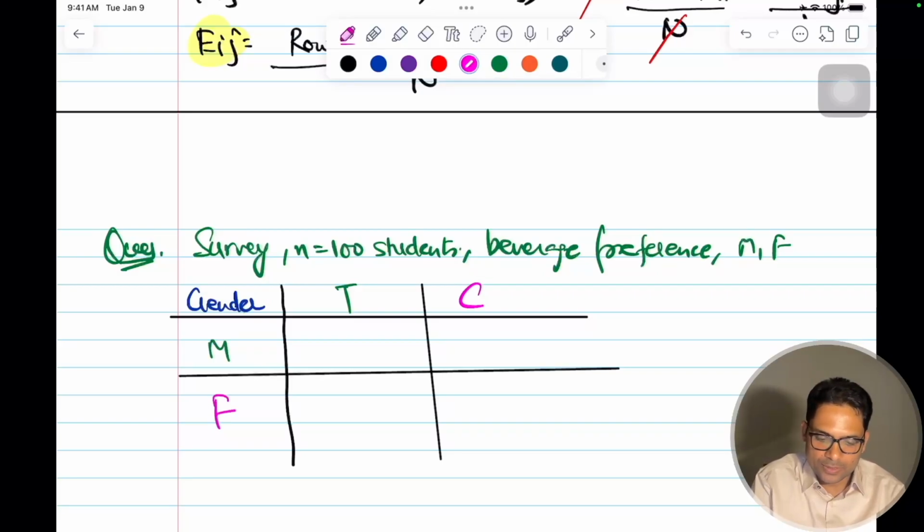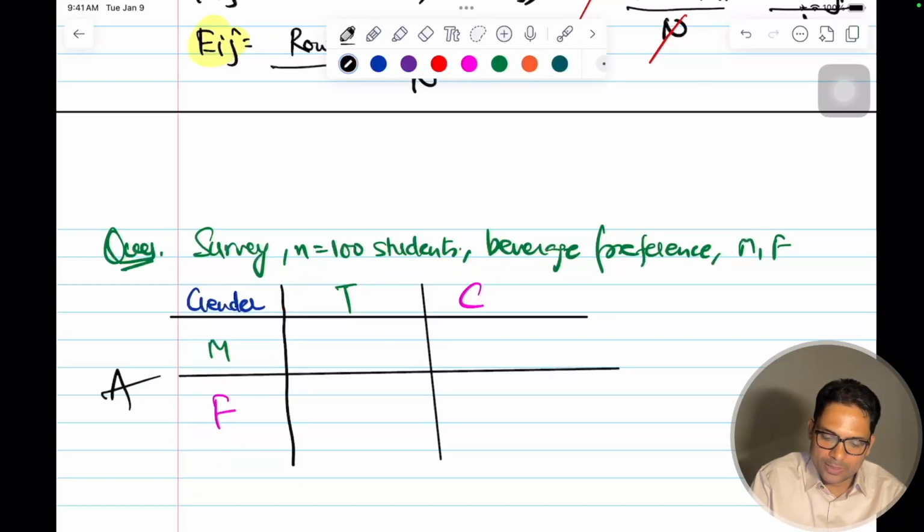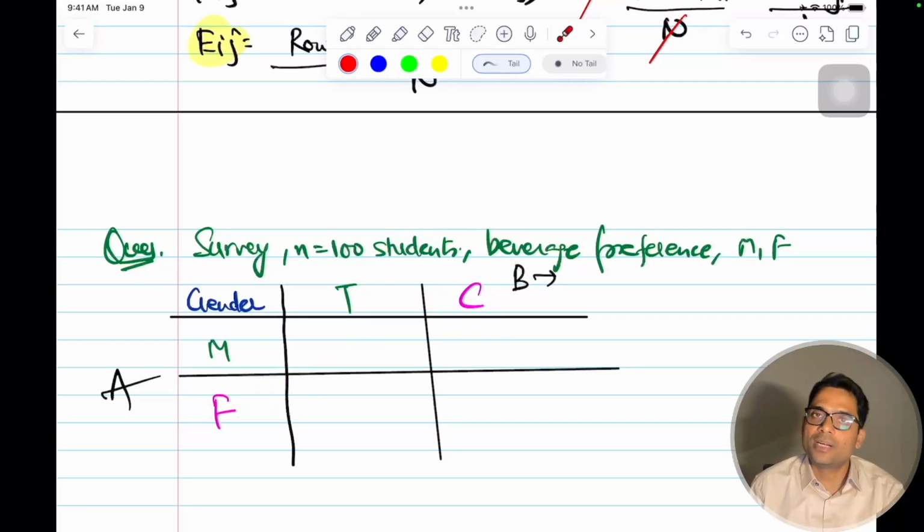And we have the numbers. Say, for example, this is my A variable, and this is my B variable. So I have to find out whether these two variables are dependent or not using my chi-square test of independence.